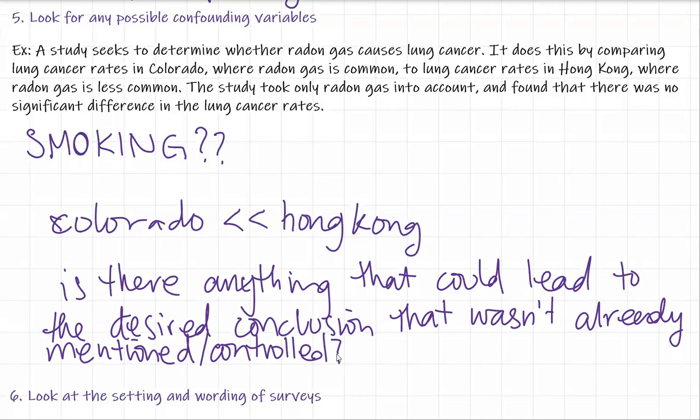Another example is weight loss. If someone were just considering dieting, but the participants are also exercising, and they didn't take that into account and made conclusions about the diet, then that is also a severe flaw. Okay, so you have to make sure that these studies are accounting for these extra potential confounding variables.